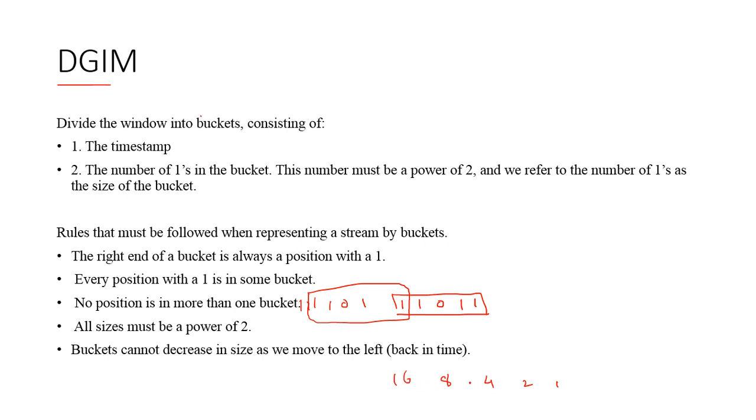For example, a bucket of 4, then another bucket of 4. But after a bucket of size 8, a bucket of size 4 is not allowed, because the sizes must be either equal or in increasing order. So these rules you need to consider while forming the buckets in the DGIM algorithm.